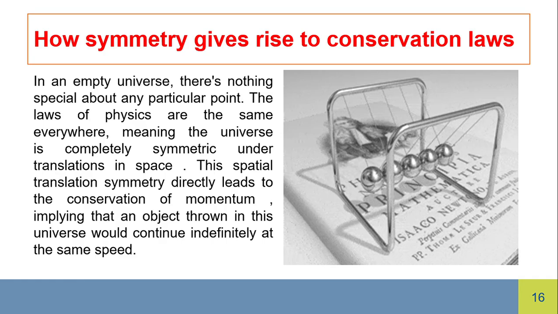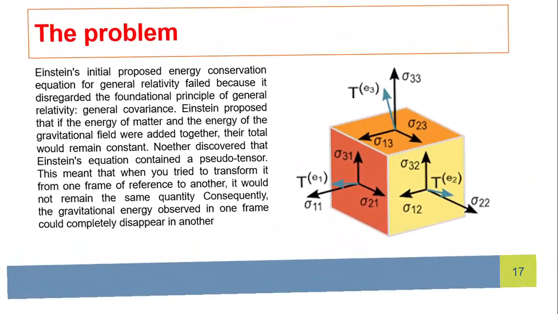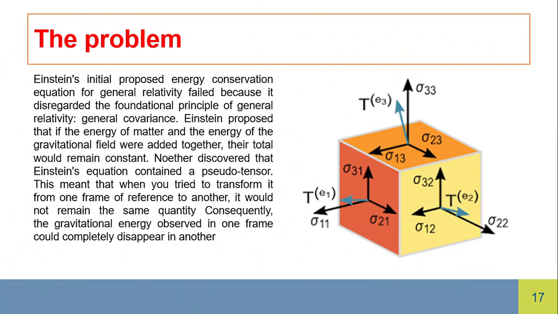Tensors extend this idea, having potentially more components, often arranged like a matrix. So it is the same thing but more advanced, with more components in it. Okay, so let's now move on to the next slide, the problem.